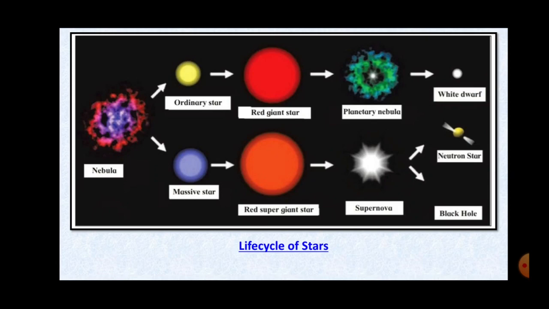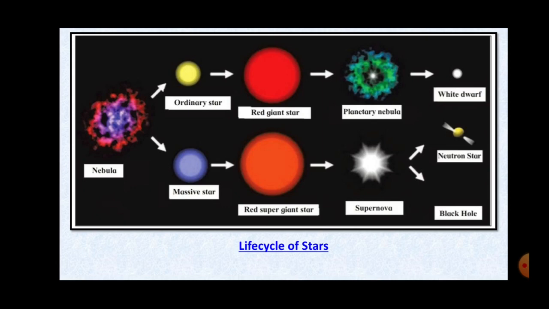And then the outer envelope of this star is thrown out and the inner part starts contracting and becomes almost the same size as the earth. Now, the mass of the star is much higher than that of the earth, but the size is similar to that of the earth, and thus the density of the star is very high.